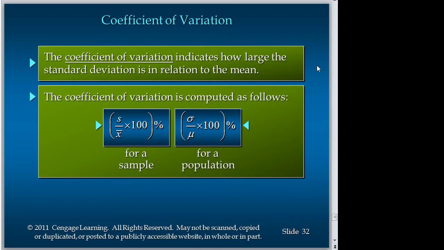If you're dealing with huge number, the original data itself is big, each data point is big, then you are expecting relatively large standard deviation value. But if the original data points are relatively small number, you also expect a relatively small standard deviation value, right?